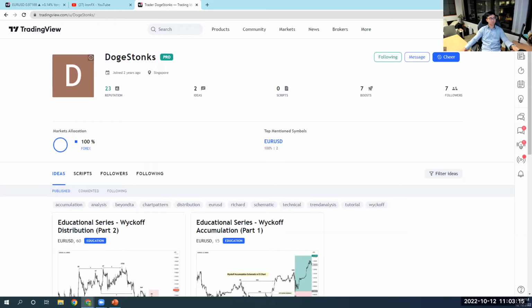Success rate is probably 50-50. So there's a 50% chance I might lose, but I will only lose 1%. But if the trade goes well, schematic, everything is right, it's a 1 to 5. So I lose one time and I gain back 4. So 3 to 4% back.